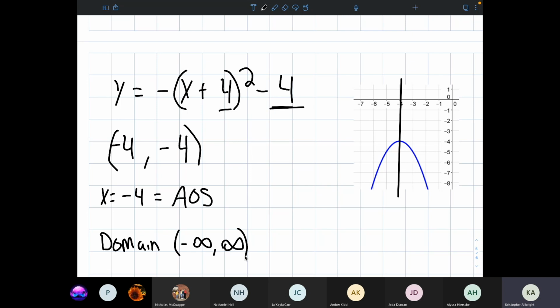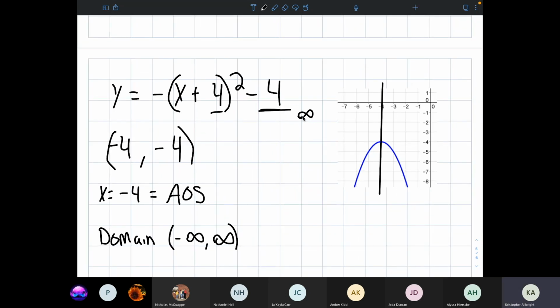And the reason for that is because all the way over here we have -infinity, and all the way over here we have infinity. And this is just going to keep going down. Forgive my terrible drawing, but it keeps going that way forever and ever. Same thing with the other side. They will never end. They just keep expanding that way forever and ever.